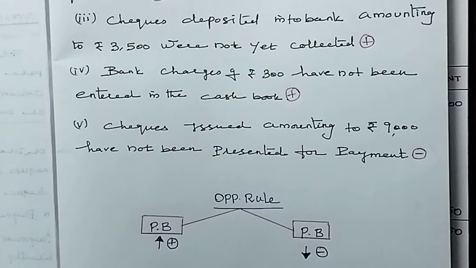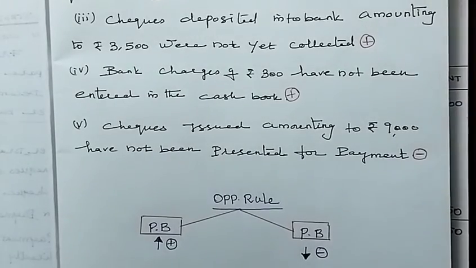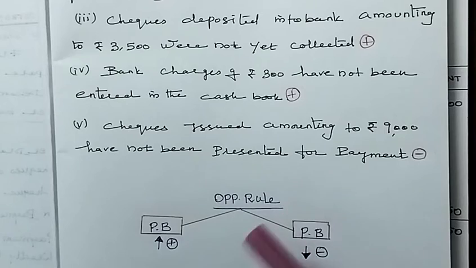So the bank passbook shows bank charges of 300 rupees decreased, because it takes bank charges directly from the customer's account. Listen, according to the passbook, the bank charges 300 rupees decreased, right?